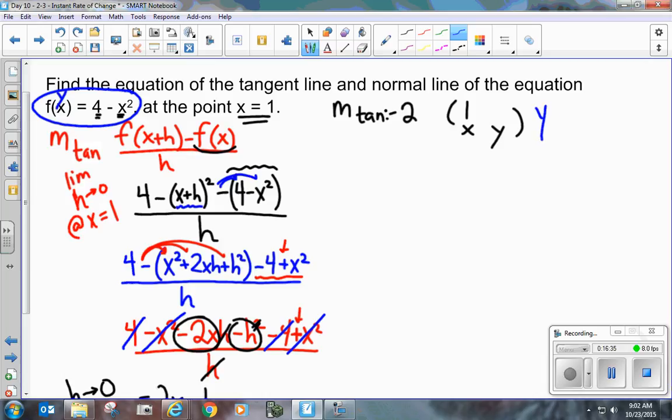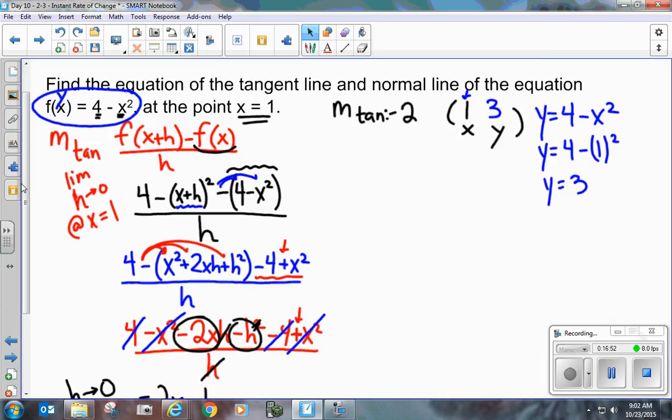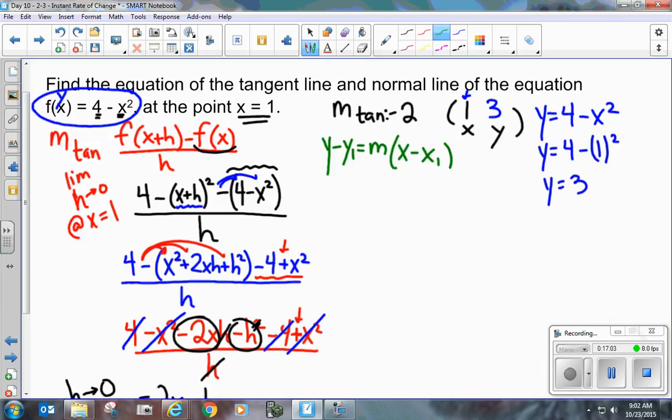So if y equals 4 minus x squared, and my x is 1, well then y would equal 4 minus 1 squared. So y would equal 3. So now I have my coordinate. Now it becomes really easy using the point-slope formula. Y minus y1 equals my slope times x minus x1.